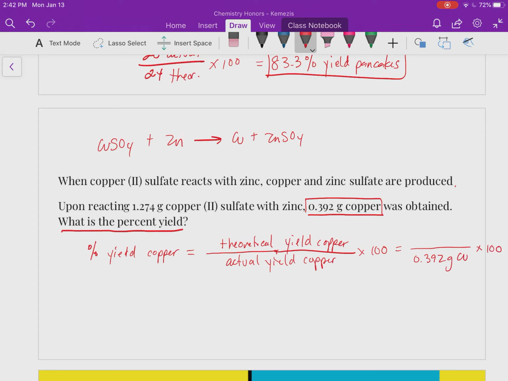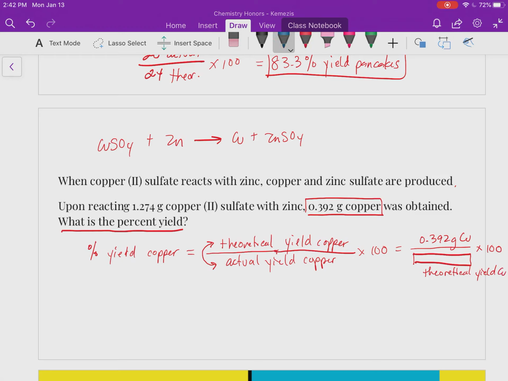And we want to know, oh, I have these mixed up. Ugh. Sorry, friends. Switch those, please, because it should be actual over theoretical. So 0.392 grams of copper. So what I need to plug in over here is the theoretical yield of copper, which comes from stoichiometry.